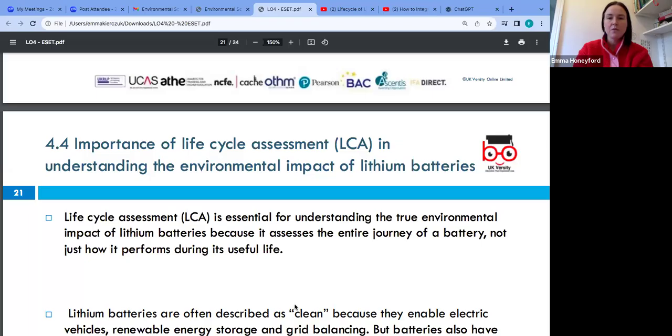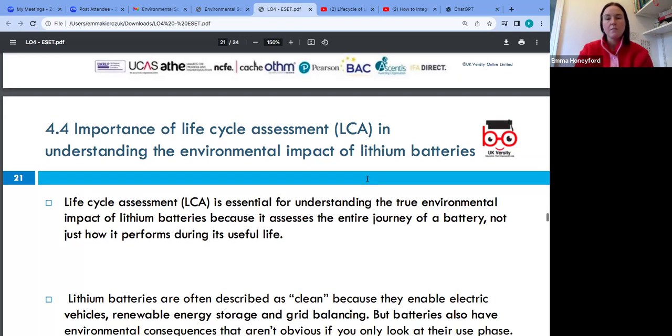Okay, so now we're going to move on. We've run out of time a little bit, so we're going to talk a little bit around the importance of life cycle assessment, also known as LCA, in understanding the environmental impact of lithium batteries.